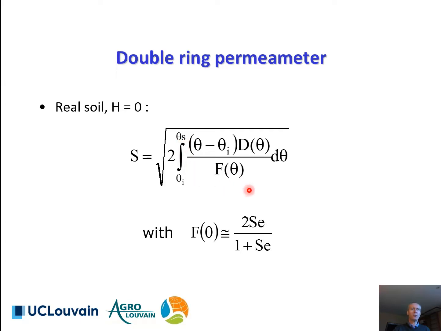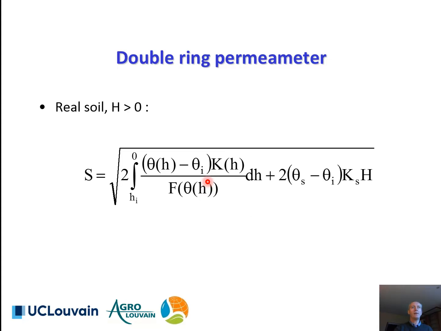It is also dependent on a shape function, f theta, which is related to the shape of the soil water profile below the infiltrating surface. The expression here is given for a soil water head at the infiltrating front which corresponds to h equals 0. In case the water level is larger, which generally is the case in a real infiltration experiment, we could use this formula.